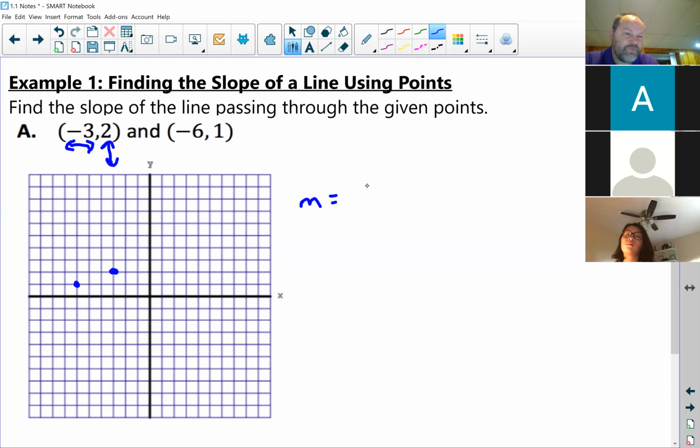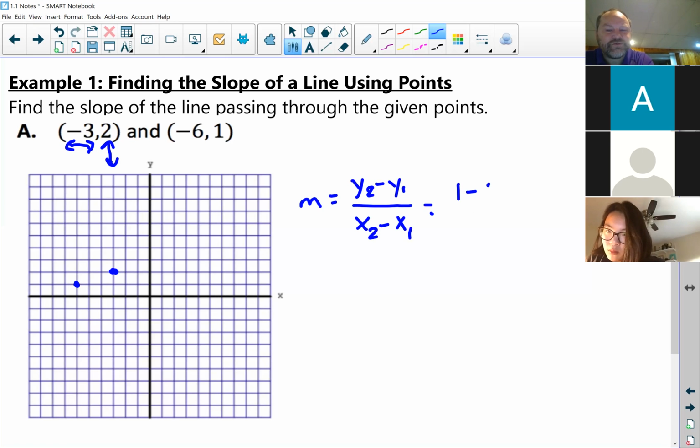So our slope, if we use the formula, we take our y2 minus y1 over x2 minus x1. In this case, 1 minus 2, and then -6 minus -3.